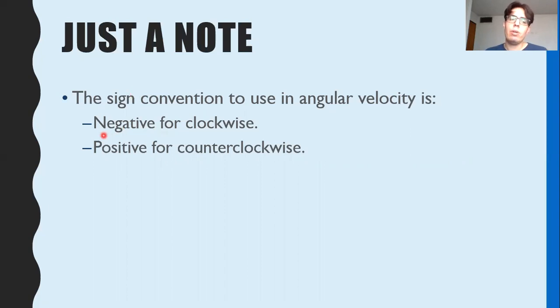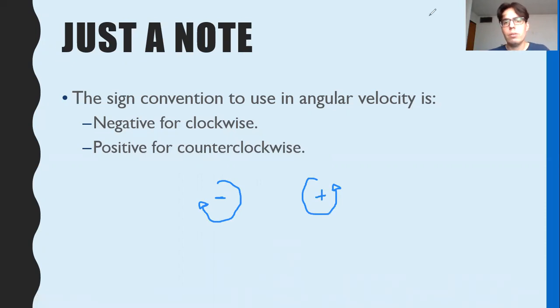And this is the convention: if the spinning is being done clockwise, the sign is gonna be negative. What is clockwise? Well, the direction of the clock. So if the thing is moving in this direction, it is gonna be a negative sign. But if the movement is being done the other way around, counterclockwise, you're gonna have a positive sign. Okay, that is just a note that you may need for some problems.